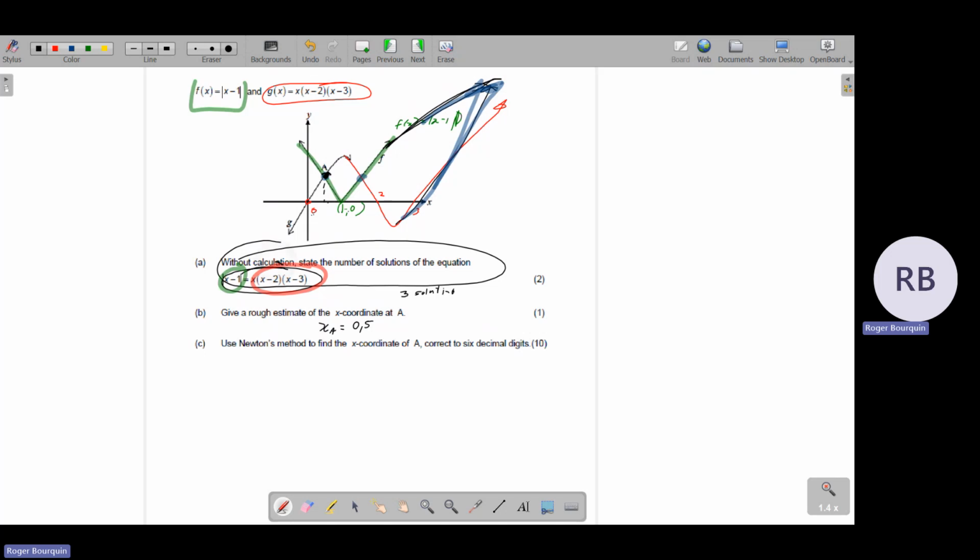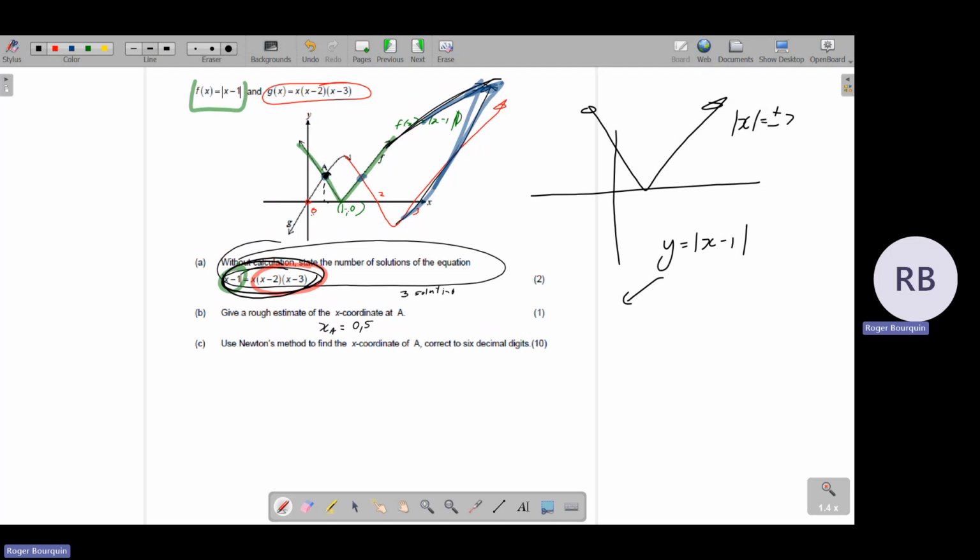So first of all, to find your point of intersection, I've got to get rid of the absolute value. Remember, you've got this absolute value graph over here, the function y is equal to the absolute value of x minus 1. What will be the equation of each branch? You can do the shortcut and use the logic that the absolute value of x is plus or minus x.